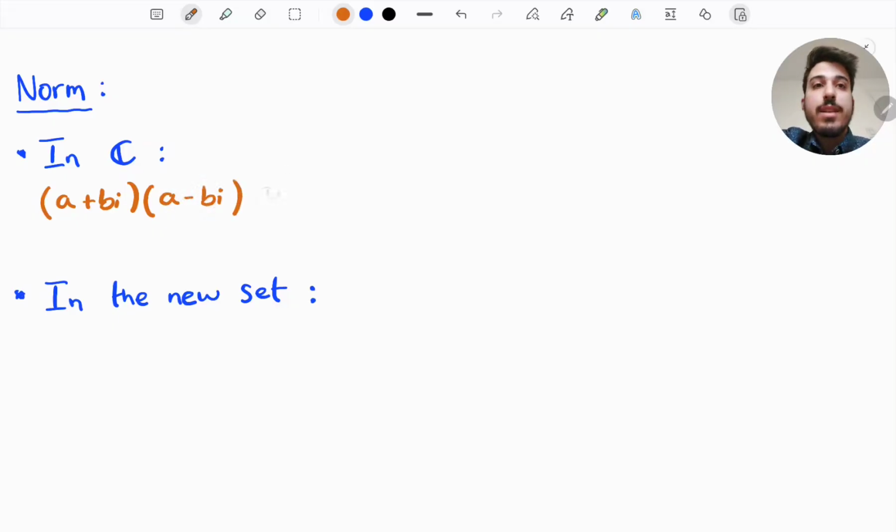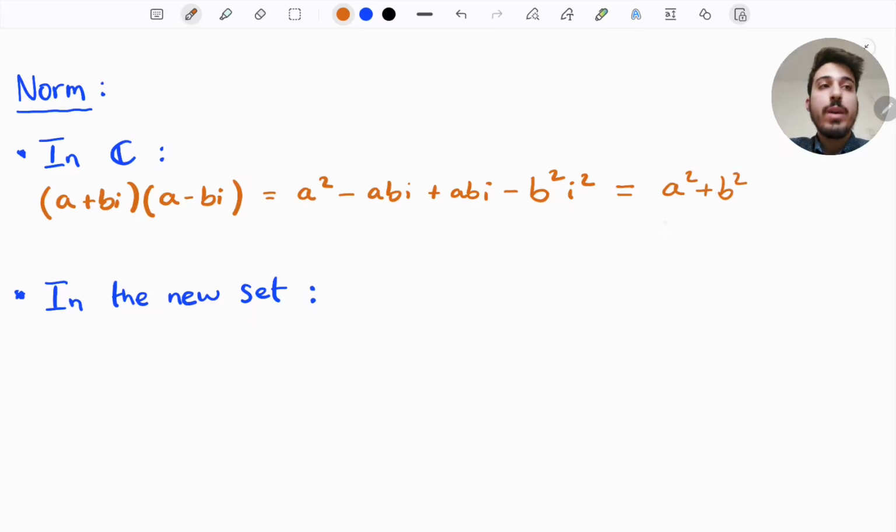So this gives us a squared, minus abi plus abi, minus b squared i squared. And since i squared is equal to -1, this just turns into a squared plus b squared. So it is a very satisfying formula that gives us just real numbers, since a and b are real numbers.